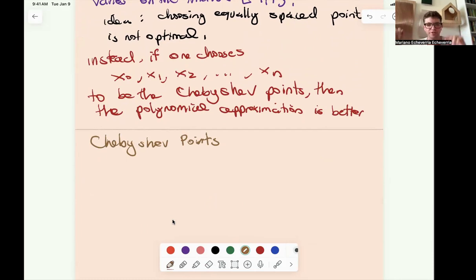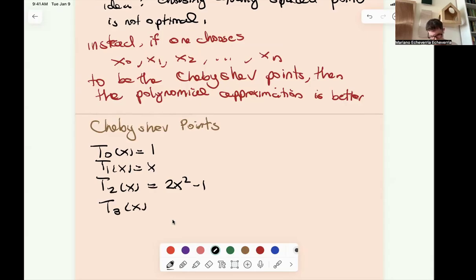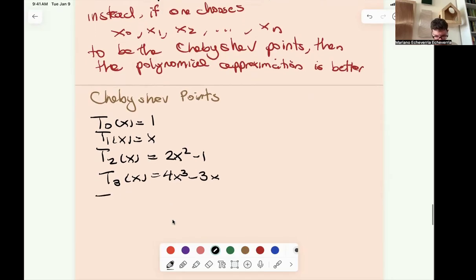If you remember the Chebyshev polynomials, T0 of x was 1, T1 of x was x, T2 of x was 2x squared minus 1, T3 was 4x cubed minus 3x, and T4 of x was 8x to the 4 minus 8x squared plus 1.